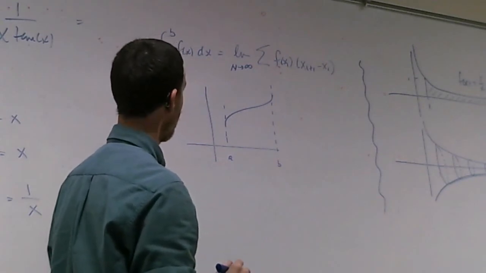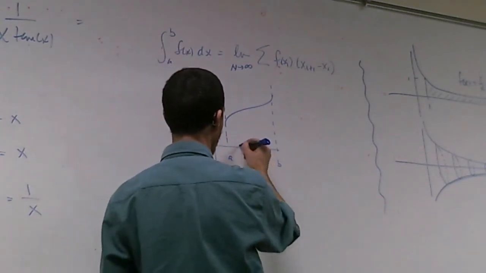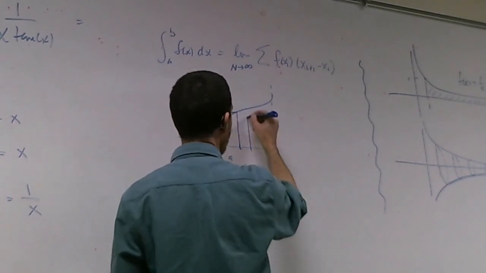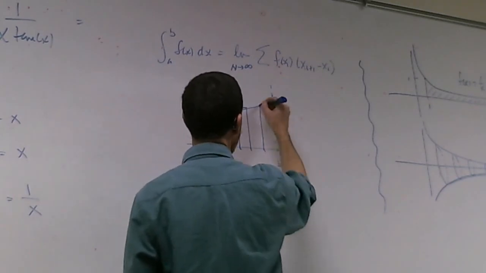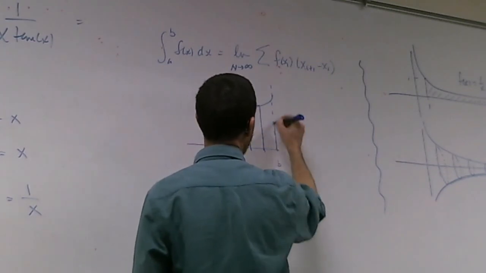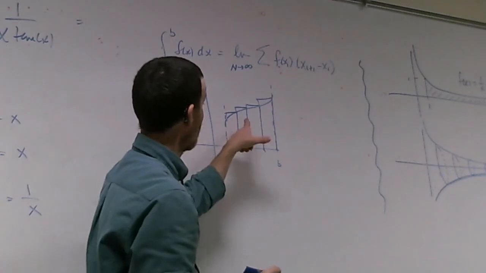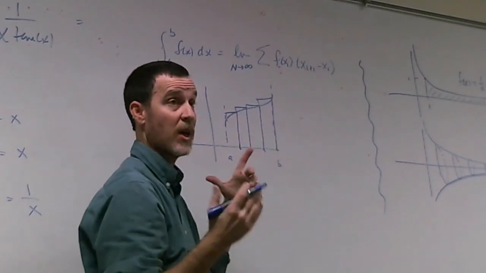Hopefully, whoever you had for calculus made you do some what we call Riemann sums and add up rectangles. And say the area under that curve is approximately equal to the area of those rectangles.